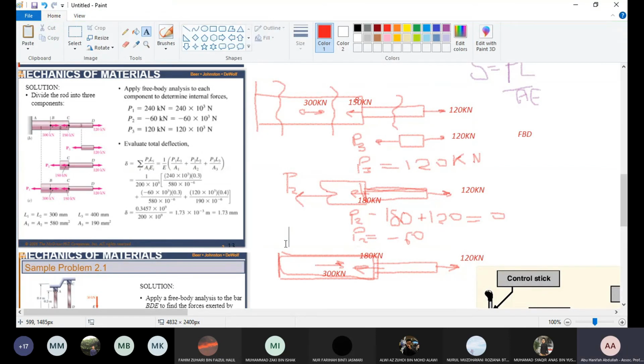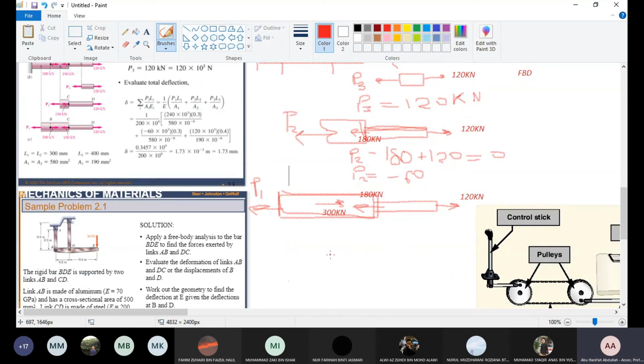And then what is P1? So we may say this is P1. So what is this P1? You have to develop another equation.